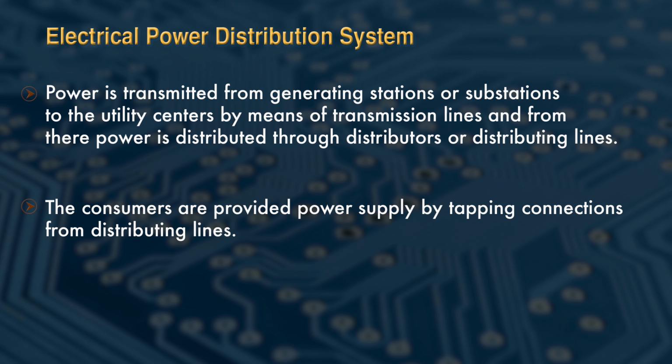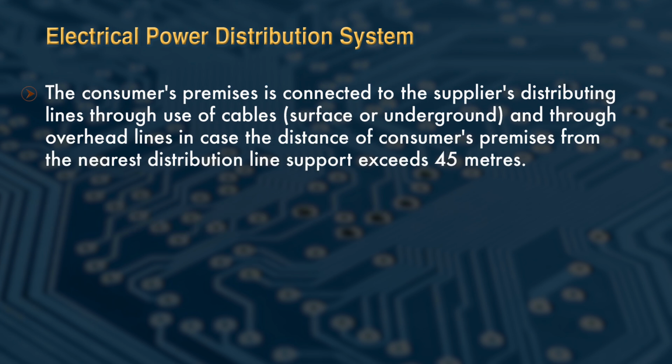The consumers are provided power supply by tapping connection from distributing lines. The consumer's premises is connected to the supplier's distributing lines through the use of cables, and through an overhead line in case the distance of the consumer's premises from the nearest distribution line support exceeds 45 meters.